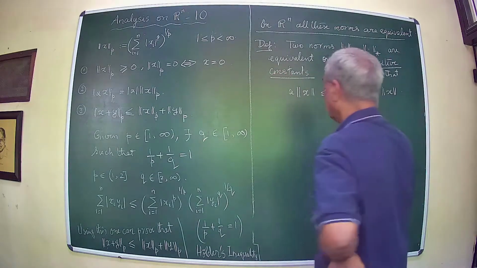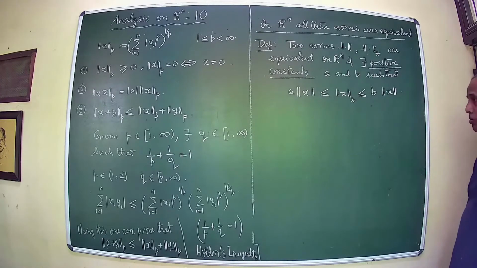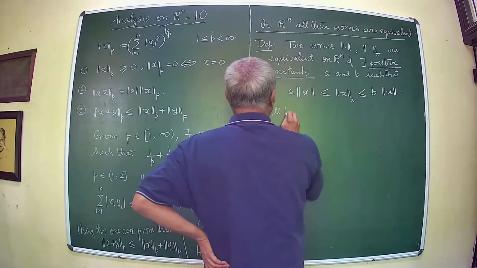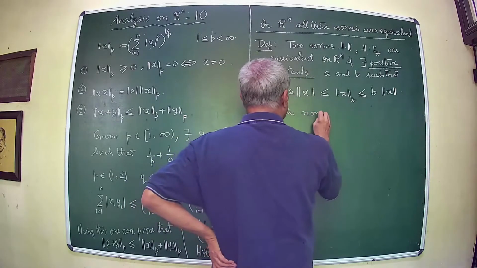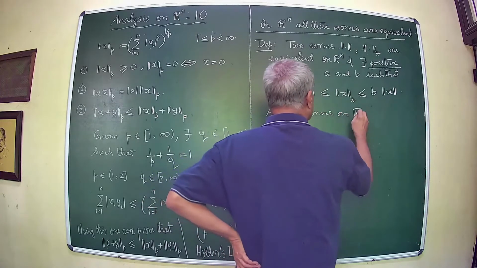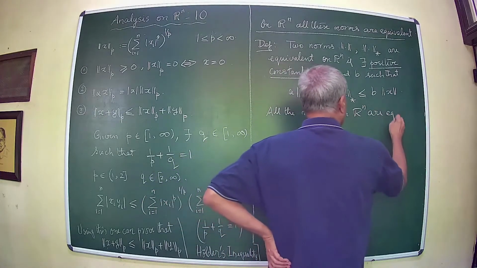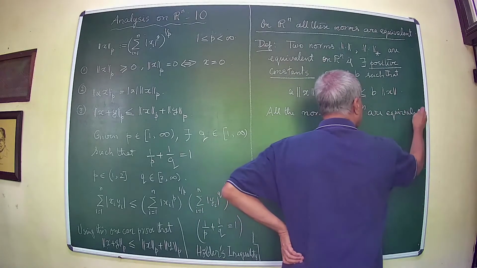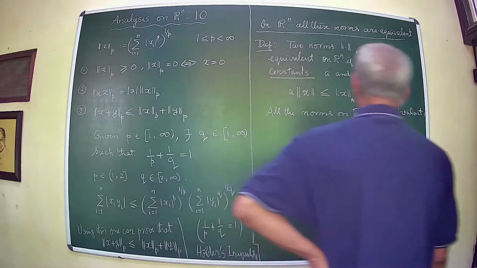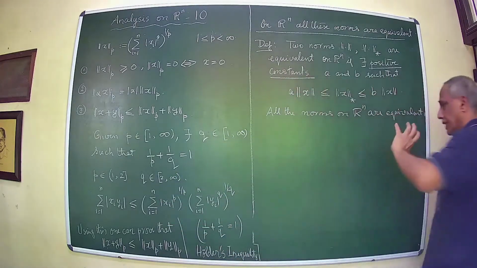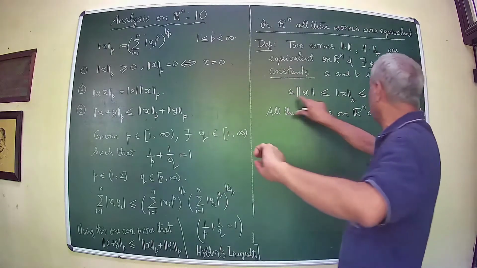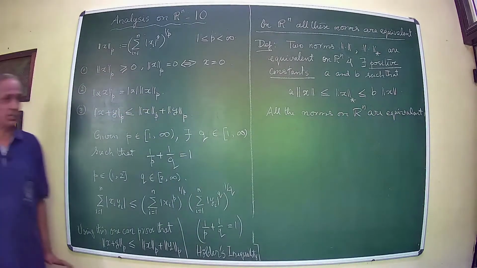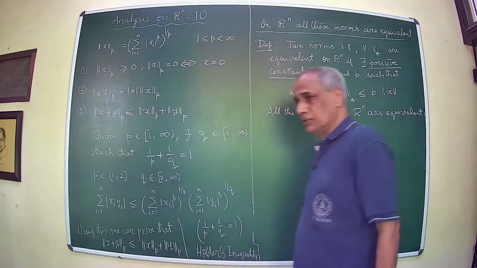In fact, one can prove that all these norms are equivalent. This is something that you can easily prove, though it needs some work. You take the specific norm and then compute the corresponding A and B. But what exactly is the consequence of this? This is something that you have to observe.